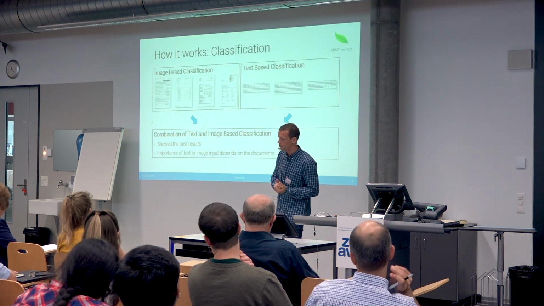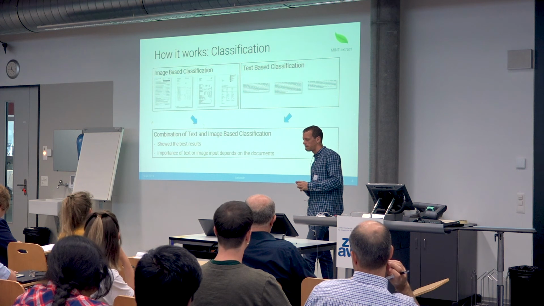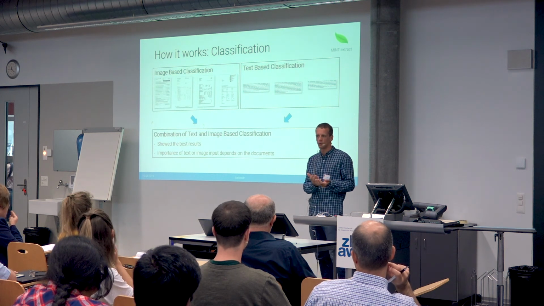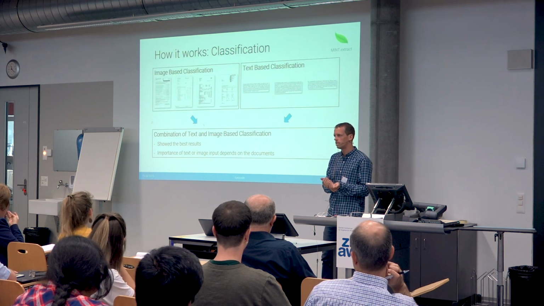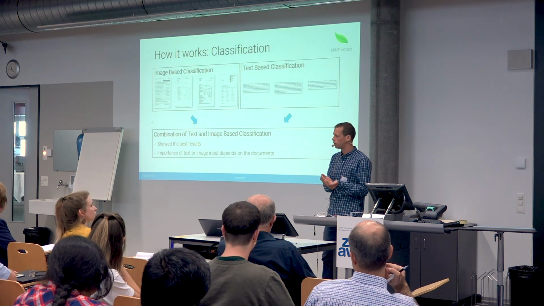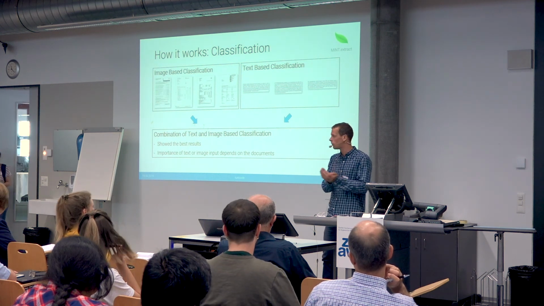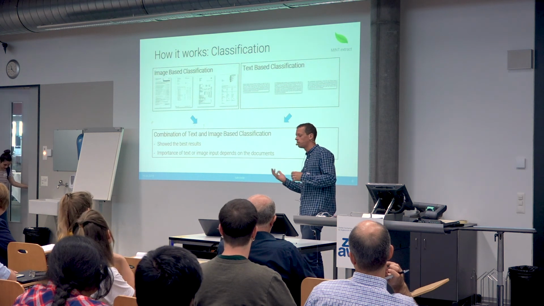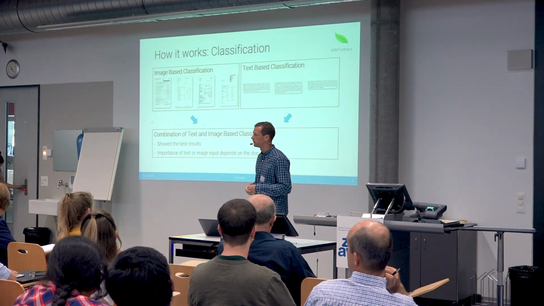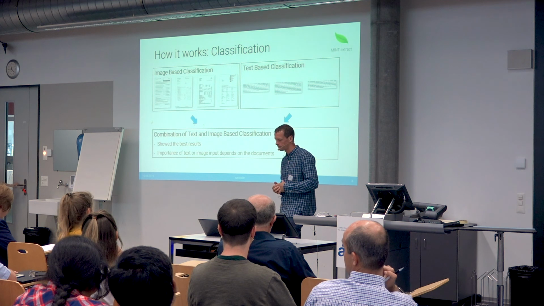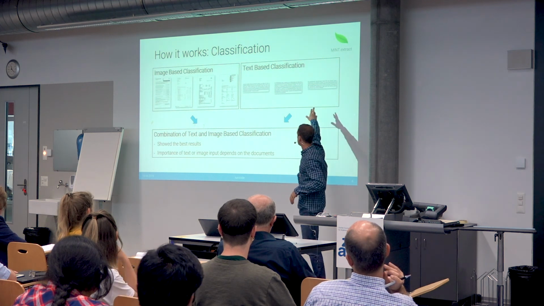But what is special with documents is that sometimes it's the layout or the visual appearance of a document that might help you in order to take the decision whether this is an invoice or an insurance policy. And sometimes it's a text-based representation of a document, where you have no layout information at all.